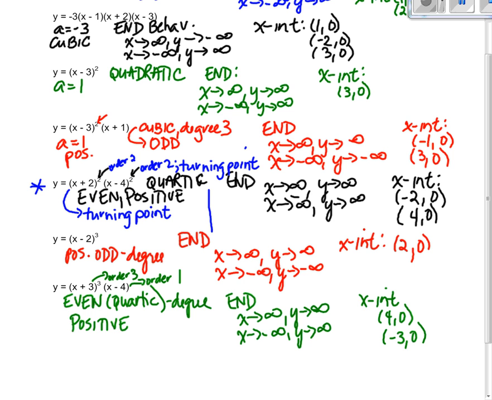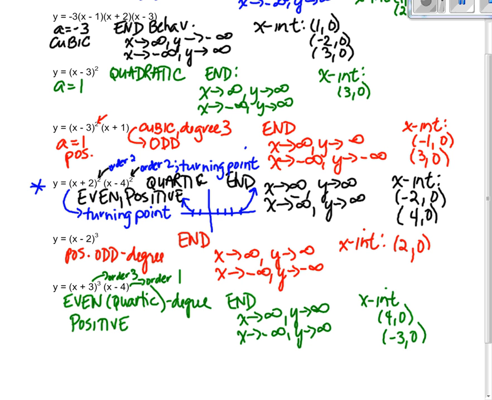So, we know our end behavior. As I go further to the right, it's going to increase, and as I go further to the left, it's going to increase. My x-intercepts are at -2 and at 4. And because they are of order 2, there will be a turning point there. So my function will increase to the right and increase to the left.